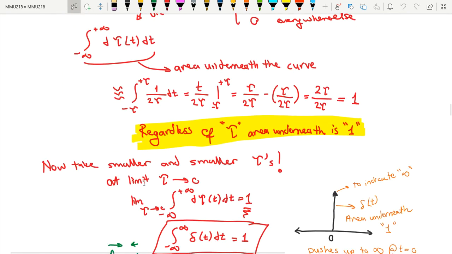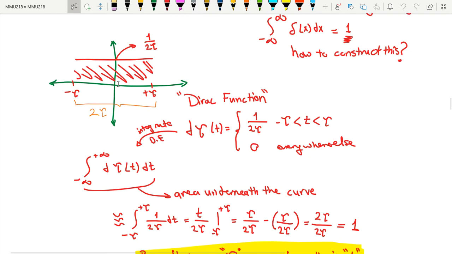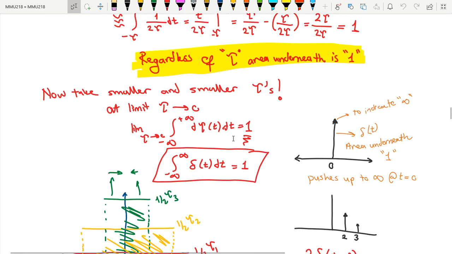And in the limit, if that tau goes to 0, I would still have my integration defined, and in the limit it will go to 1. That's the beauty of it.